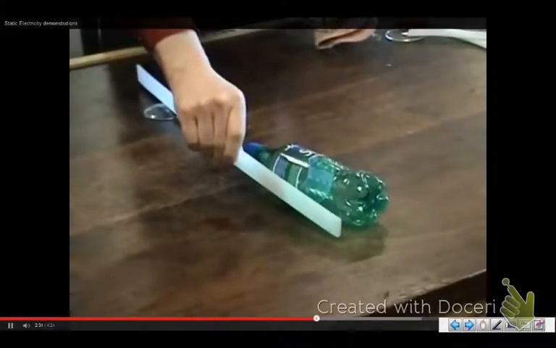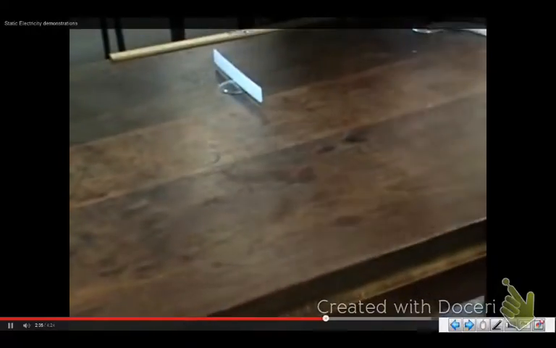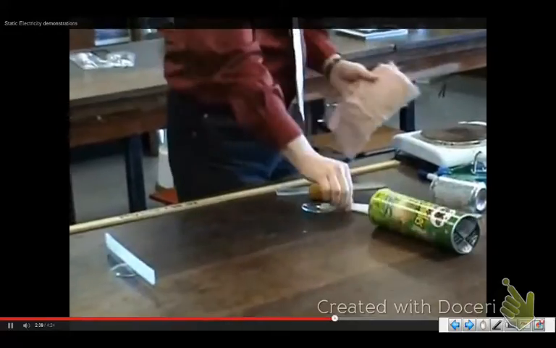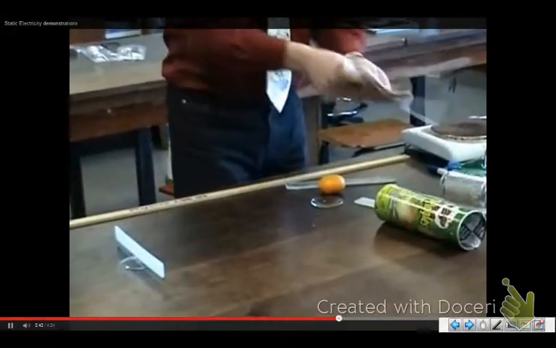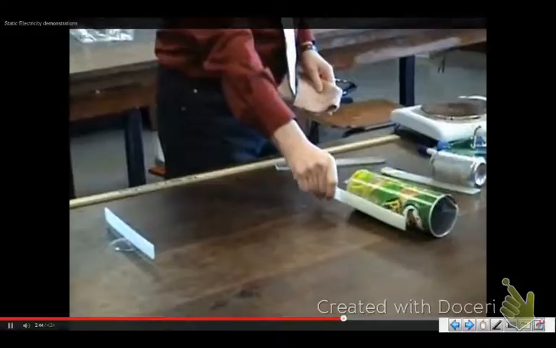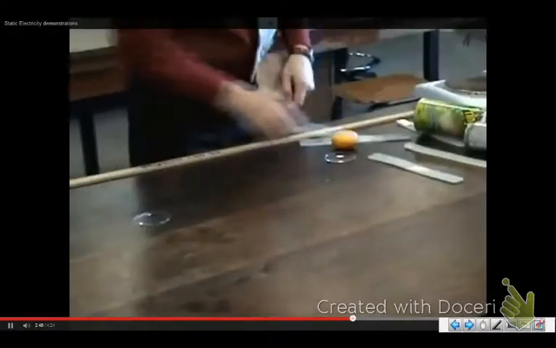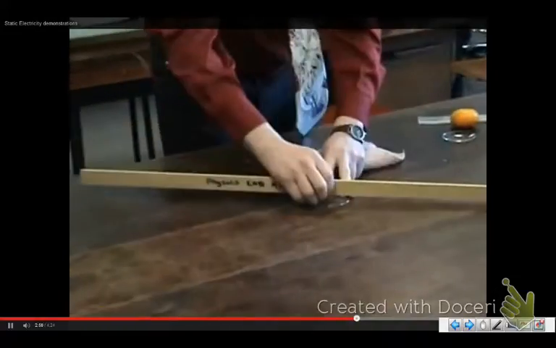Kind of a bit eerie, isn't it? It's like force through space. Pringles. Again, it's an insulating material, so it tends to be attracted.